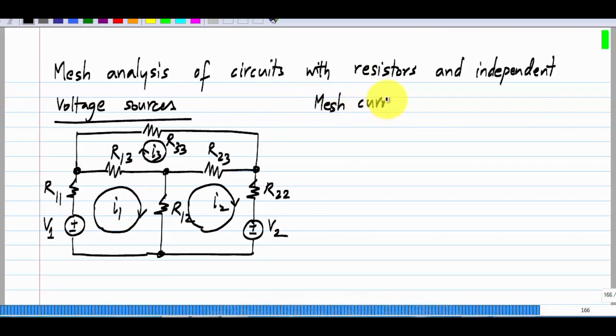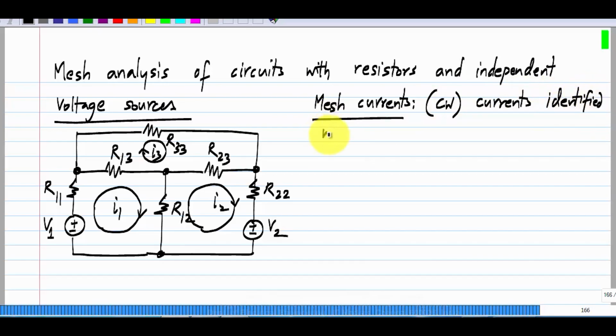So the mesh currents are clockwise currents identified with each mesh.